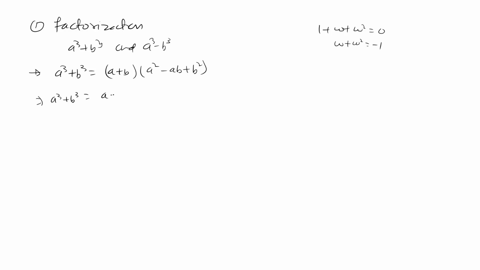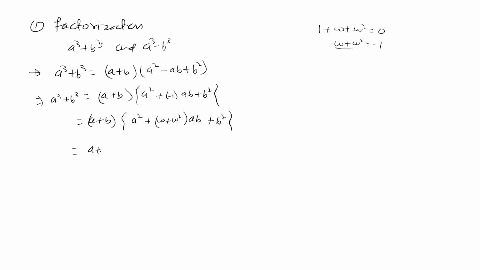So here it is nothing but a plus b and a square, and this is minus ab, so we can write plus of minus 1 ab plus b square. Now a plus b into a square, and this minus 1 is replaced by omega plus omega square. So this is omega plus omega square into ab, plus b square, right? So a plus b into a square plus ab omega plus ab omega square plus b square.